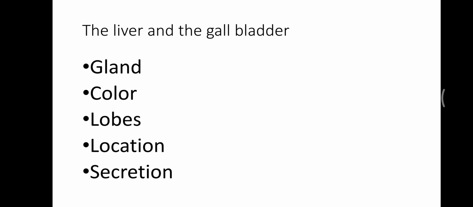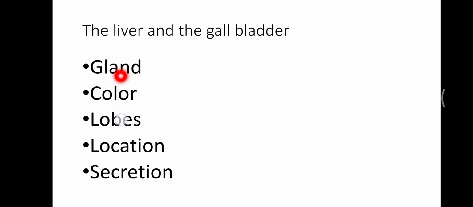So students, if we talk about liver, then we can say liver is a gland. And you know that a gland is a cell, a tissue or an organ that secretes a chemical substance, and that substance is known as the secretion of the gland.